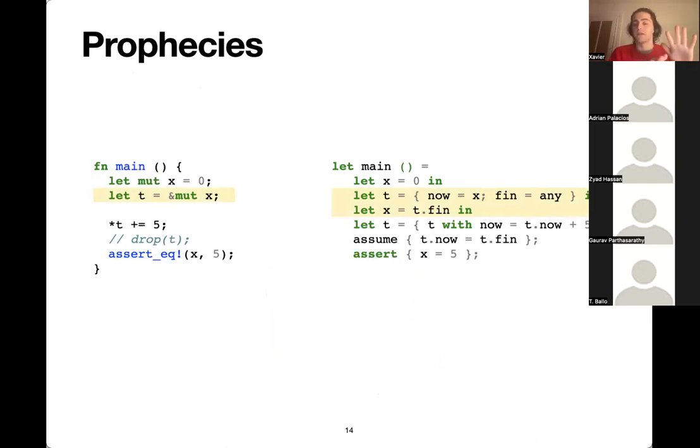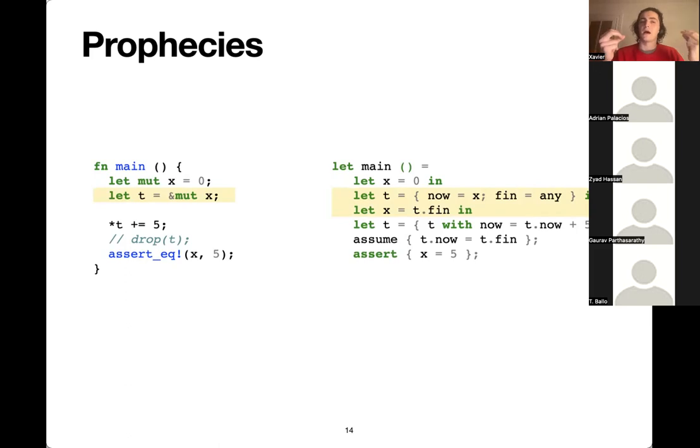We had a question from Daniel Schwartz-Narbonne about how prophecies interact with Cell. The complete answer is it's still an open question. Mutable cells in Rust allow us to have mutably aliasing state, and this whole prophetic model crucially relies on not having mutably aliasing state.